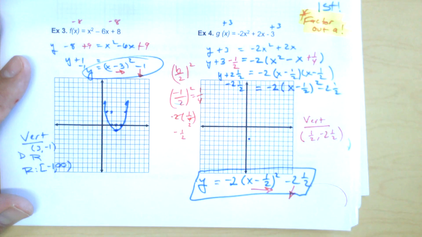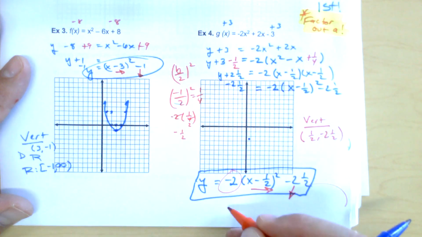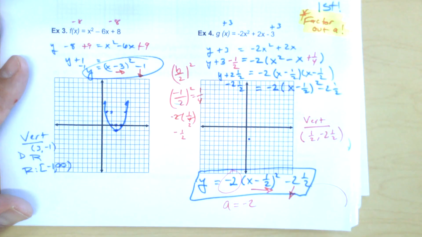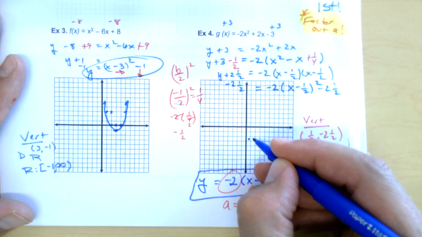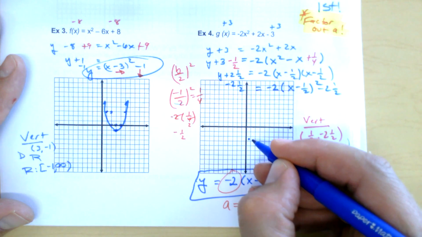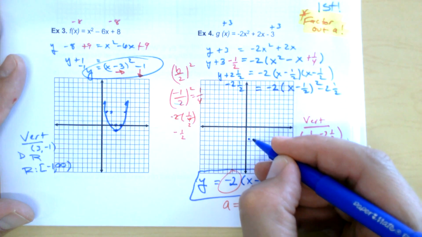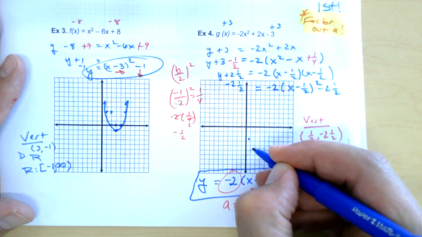And now I'm just going to follow my pattern, but now I've got this a value. So watch out. We also have an a value that's negative 2. Remember, negative is a frowny face, and then I got to stretch it vertically by 2. So normally I would go over 1, up 1. Well, now I'm going over 1, down because it's negative, and down 1 times 2 is 2. So over 1, down 2.